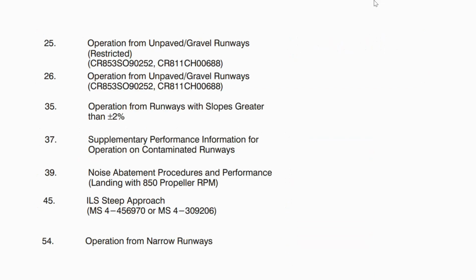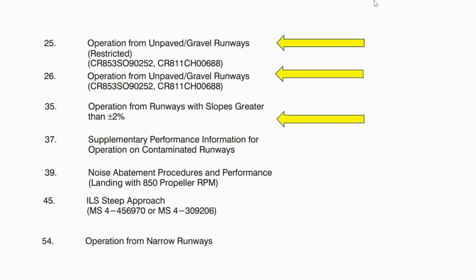And you cannot depart on unpaved gravel runways. There is a limitation there as well for supplement 26. You cannot operate on those runways, and you cannot operate on runways where slopes are greater than plus or minus 2%.